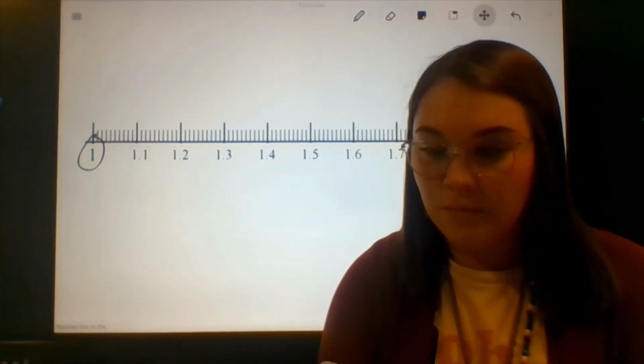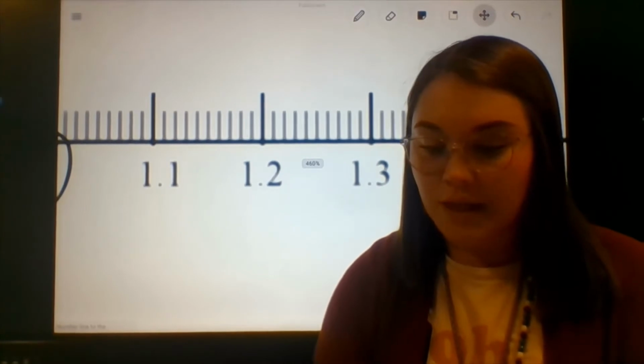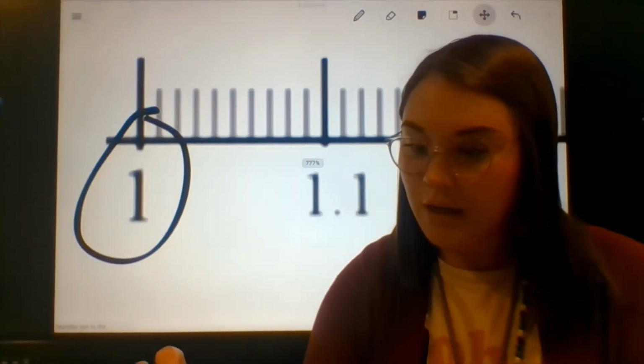So if I can zoom in, we are going to label those hundredths.